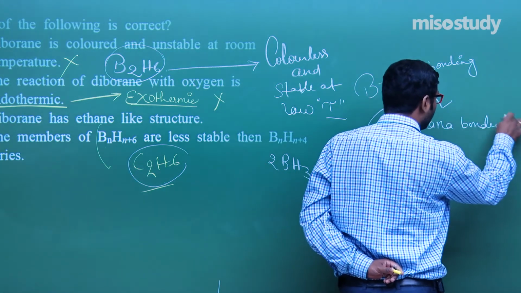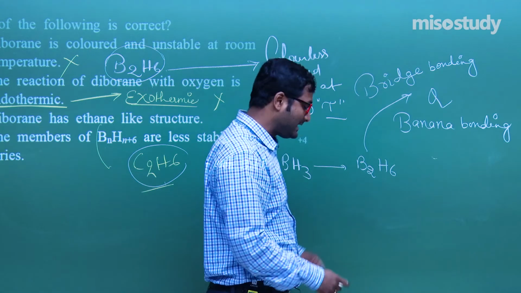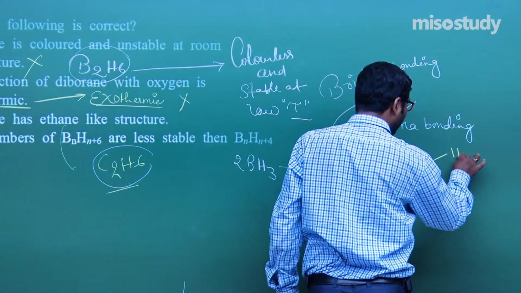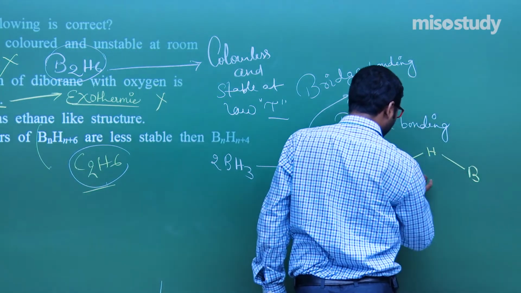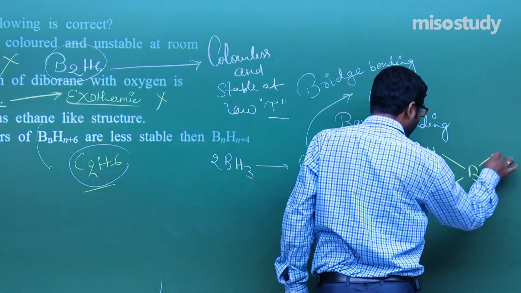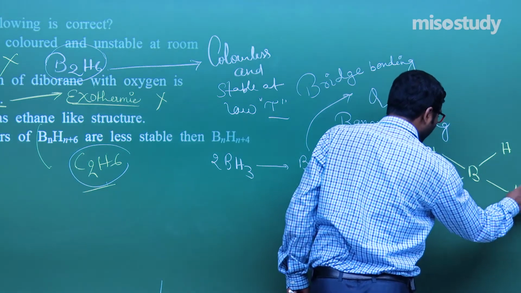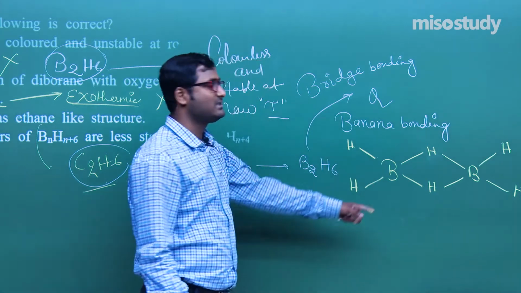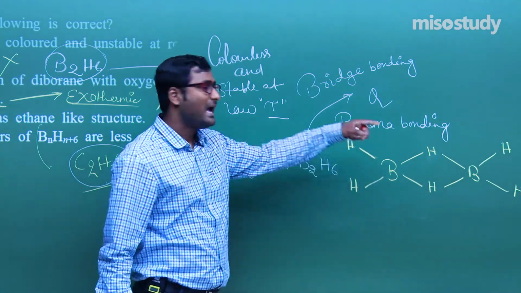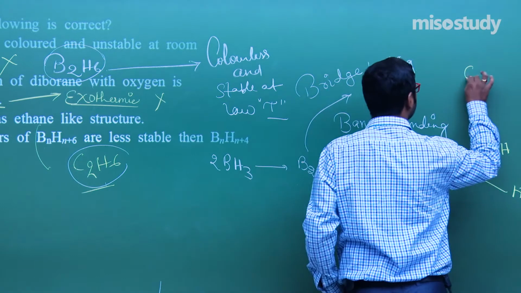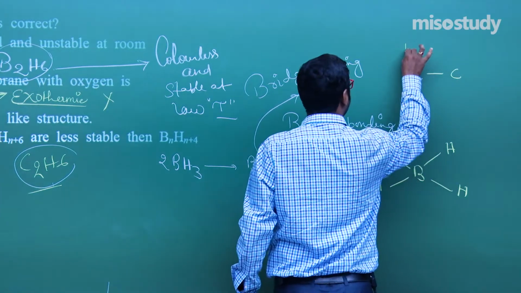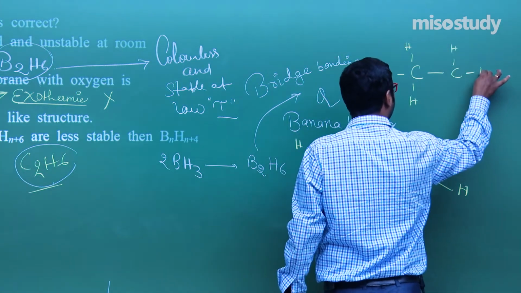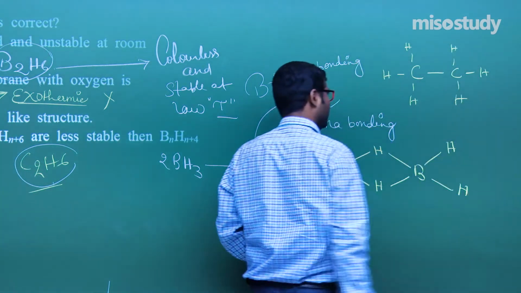So the structure is like this: B, then H, then H, here is H, then H, then H, then here is H, then here is H. This is the structure of B2H6. And what is the structure of C2H6? This one, 1, 2, 3, 4, 5 and 6. This is the structure of C2H6.